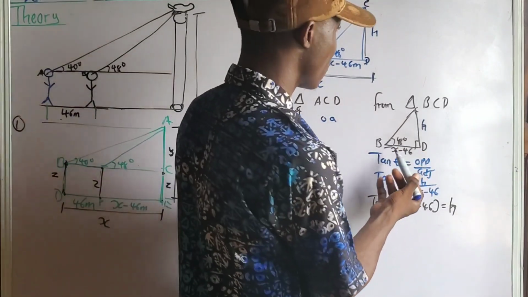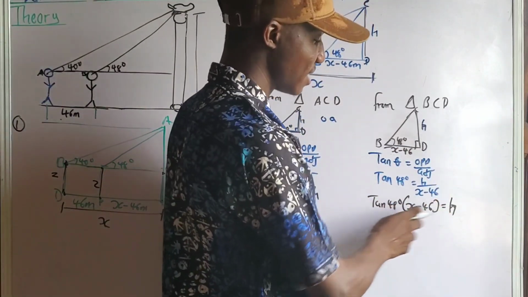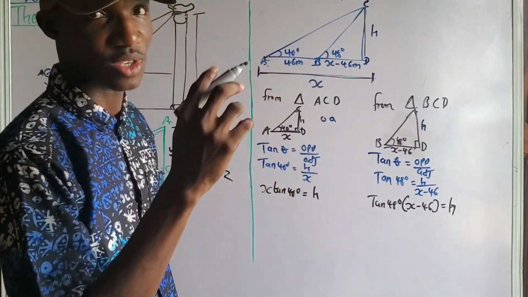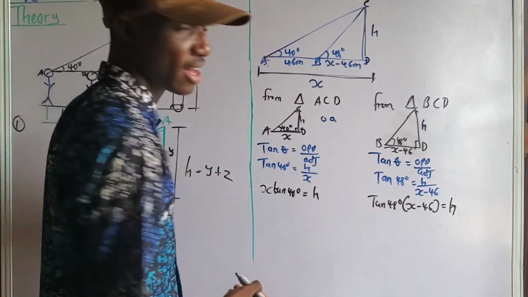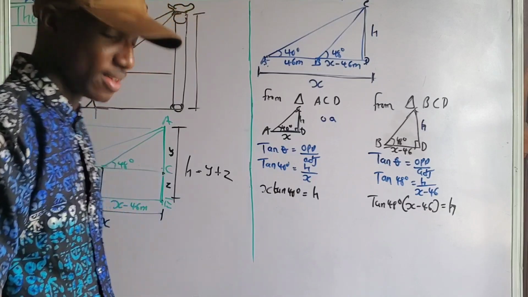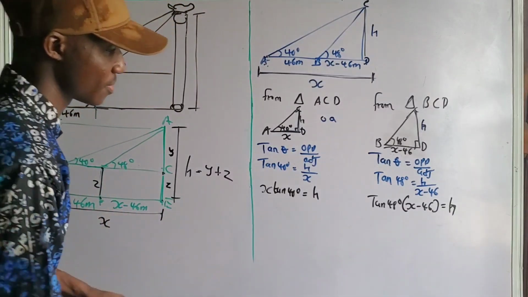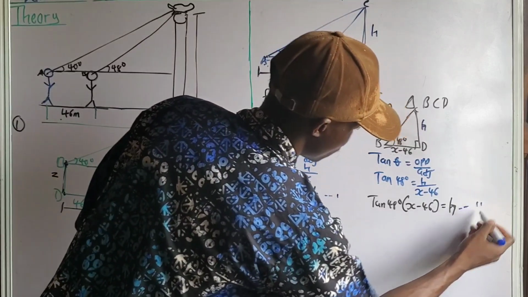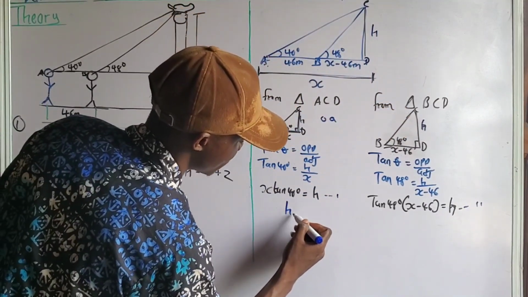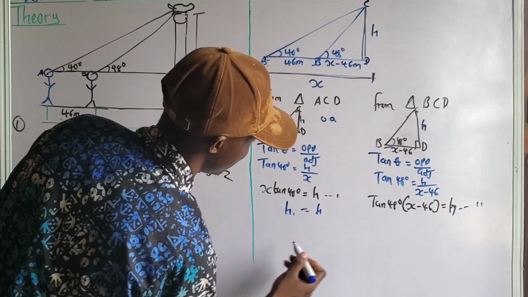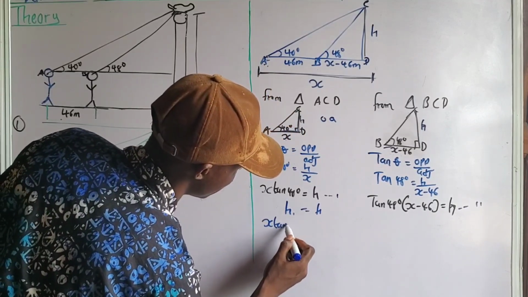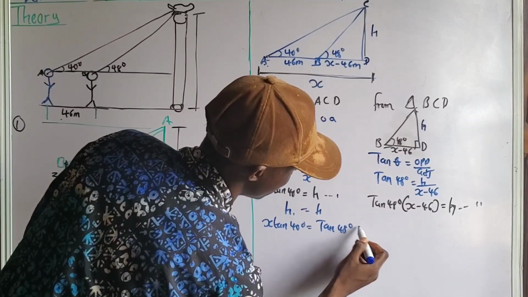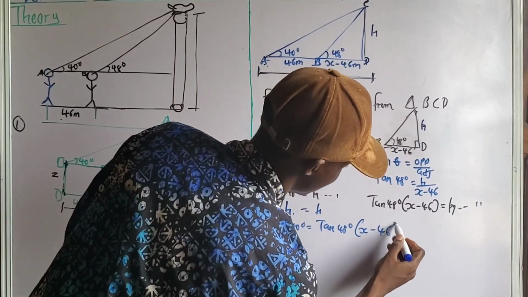And for the smaller triangle, which is inside the bigger triangle, the height is tan 48 degrees multiplied by x minus 46. Since we have a single height, we can equate these together. Let's call this equation 1 and this equation 2. Now equate the height: height equals height. That is, x tan 40 degrees equals tan 48 degrees multiplied by x minus 46.